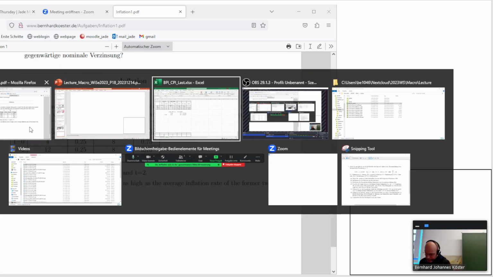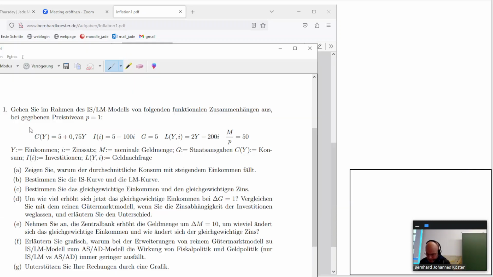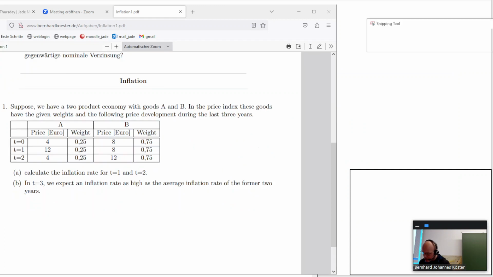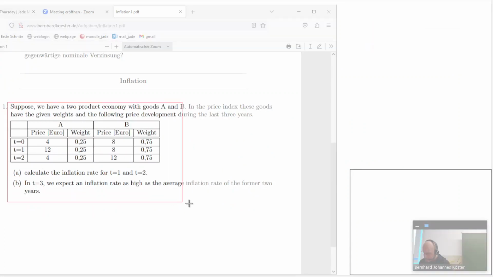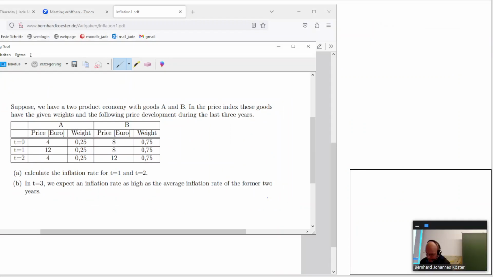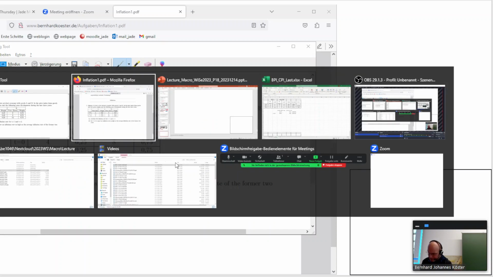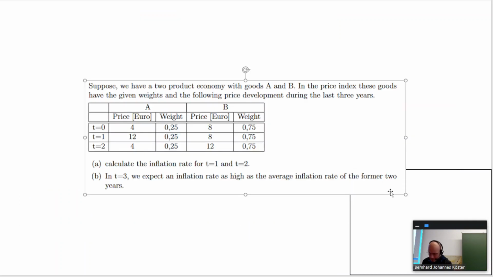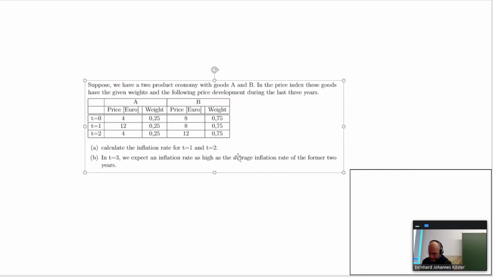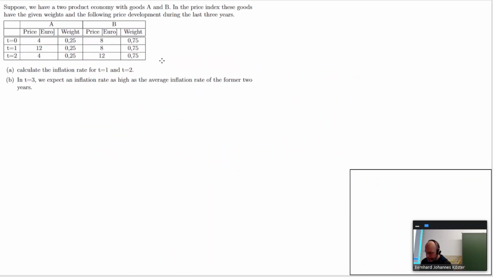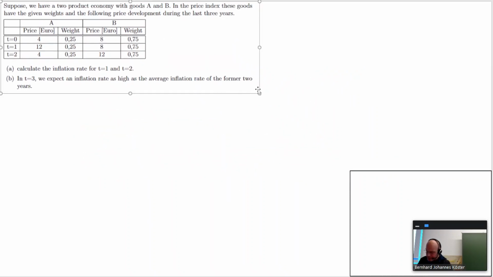So we have two products, A and B, and the price index and the given weights.